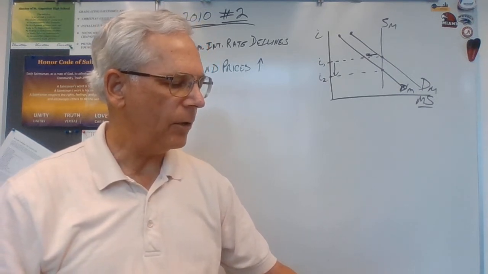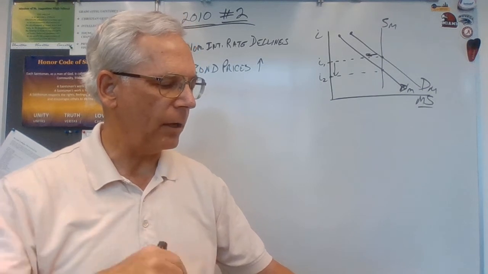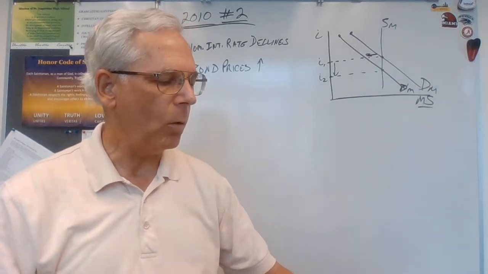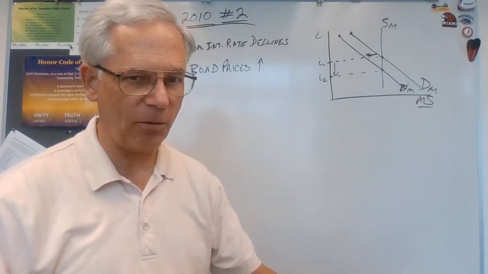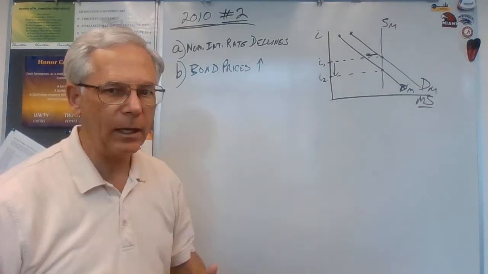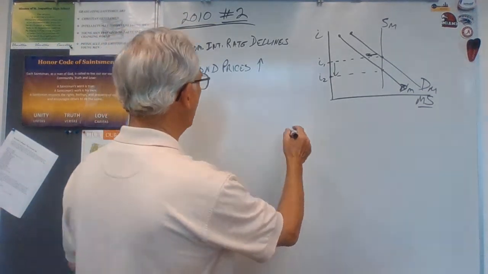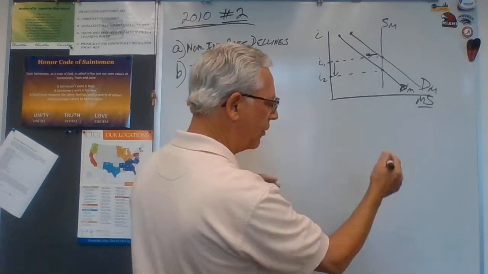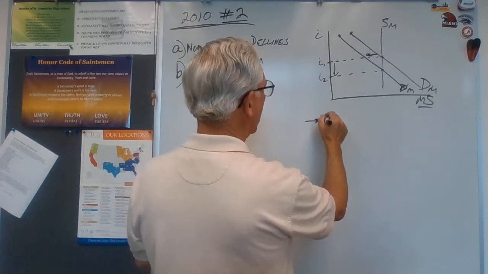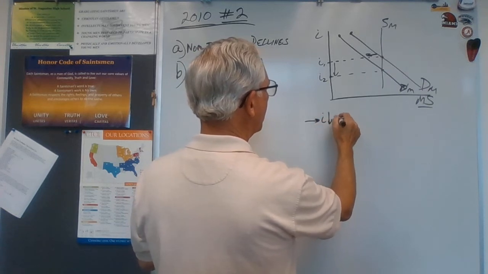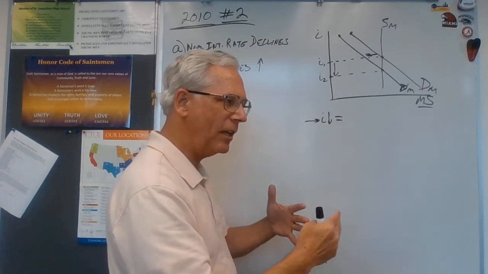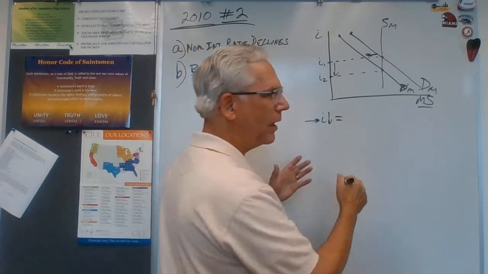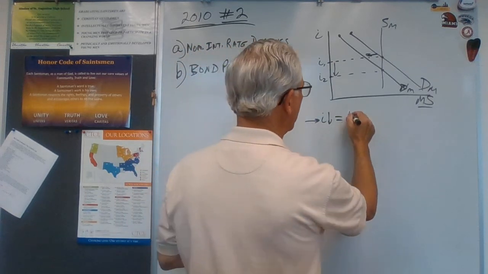Part C, given the interest rate change in Part A, reduction in interest rate, what will happen to the price level in the short run? Now you need to be thinking AD-AS. So here's my scratch work, my train of thinking, okay? Interest rates down. Remember, that's going to impact investment spending because of the investment demand curve.